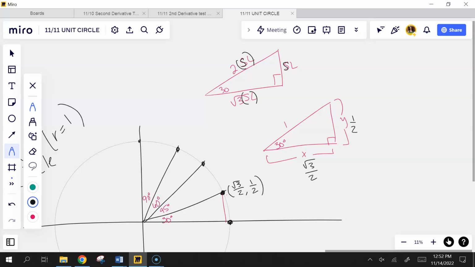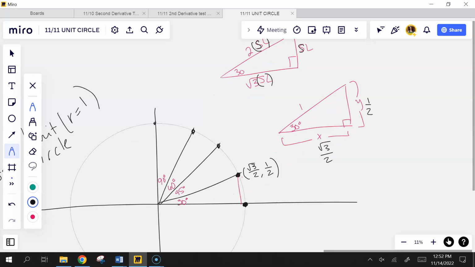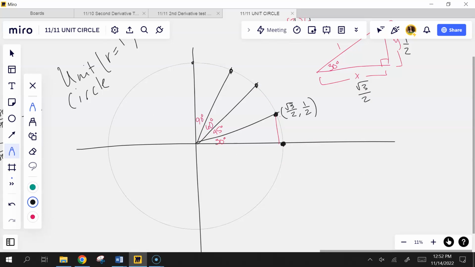Right here, it's the same as the first one. 0, 1. It's 0 over 2. Why is that? What's the radius of the circle?